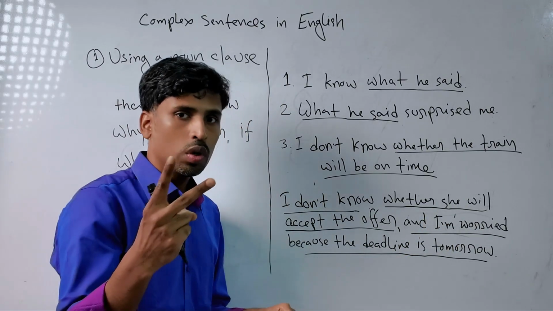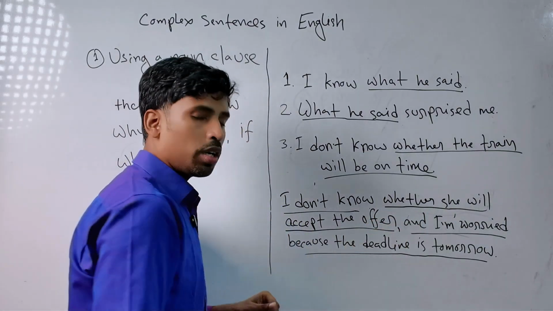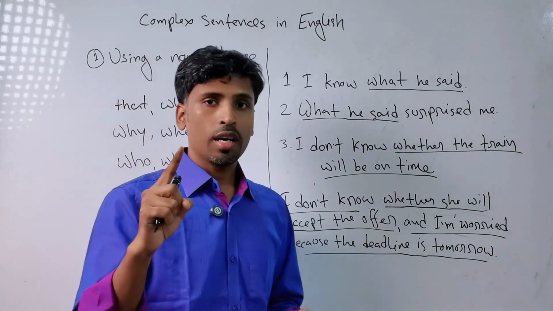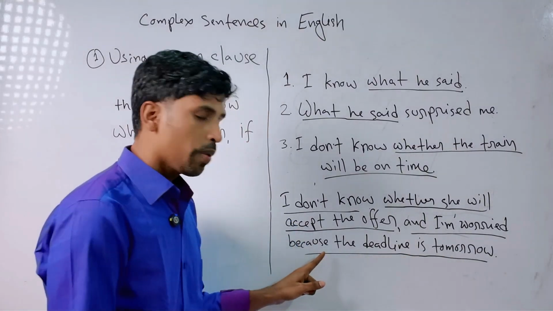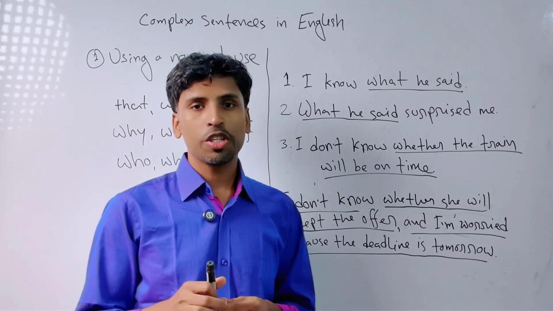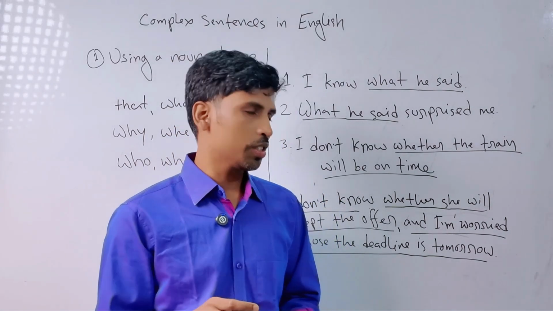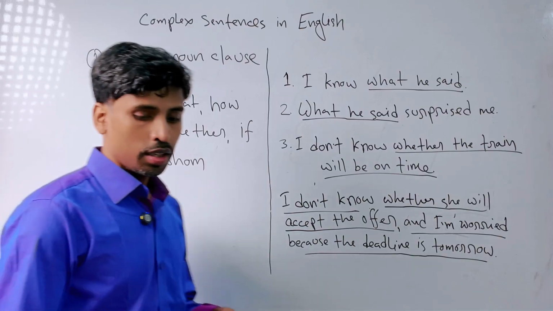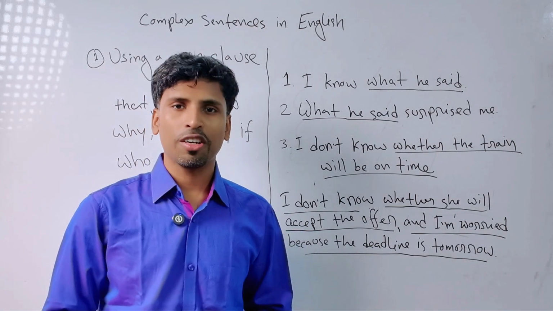So we have two independent clauses, and whether she will accept the offer, that's one subordinate clause. And then because the deadline is tomorrow, that is also a subordinate clause. So we have here two subordinate clauses and two independent clauses. So that was one of the methods or approaches. Let's take a look at the other two methods.